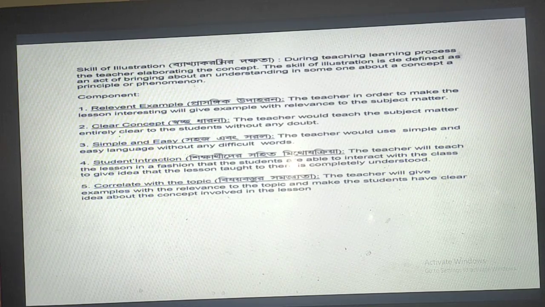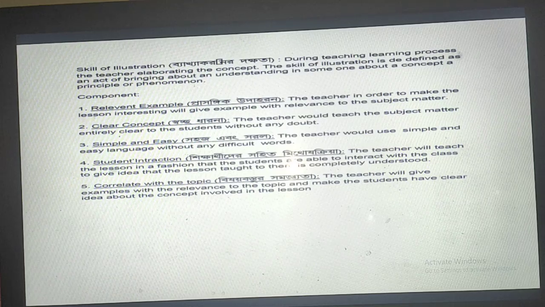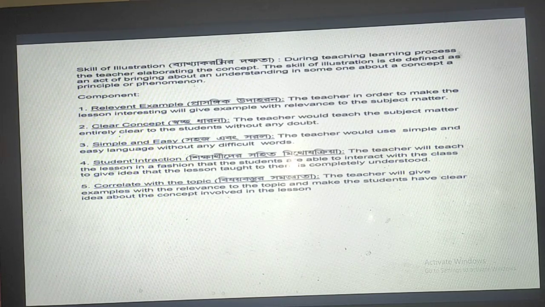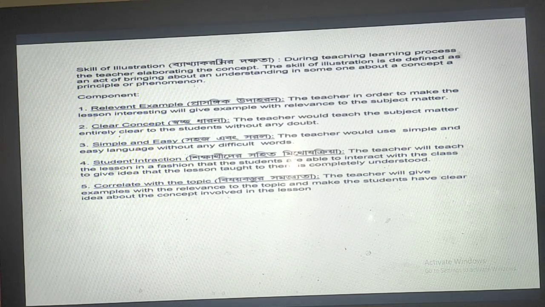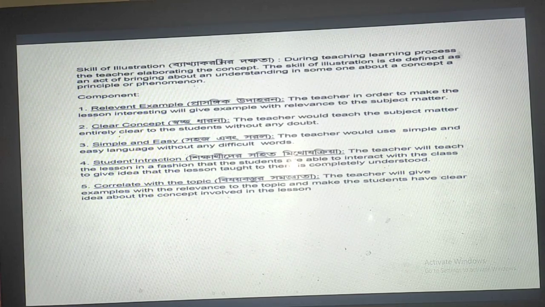Clear concept: the teacher elaborates or illustrates the topic clearly and sequentially, and uses simple and easy language.